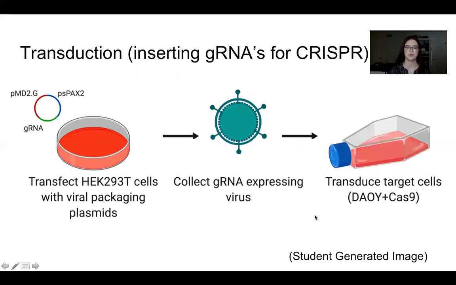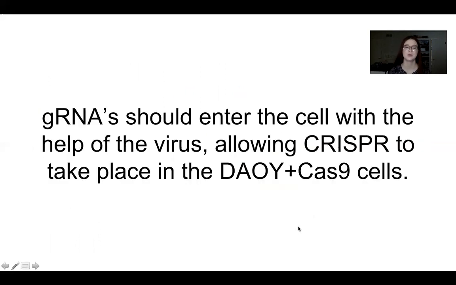At this point, the gRNA expressing virus will then be collected and transduced, or added, to target Dowie plus Cas9 cells. The gRNAs will then be pushed into the target cells with the help of the virus, allowing the Cas9 protein to then bind to the specified locations of the gRNAs that have entered the cells, and CRISPR should take place.